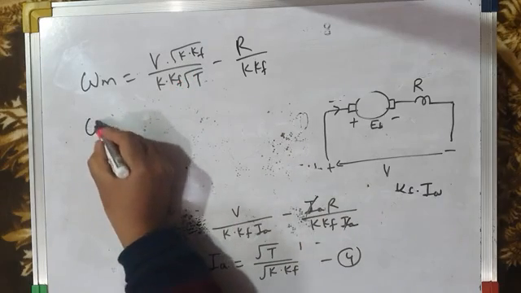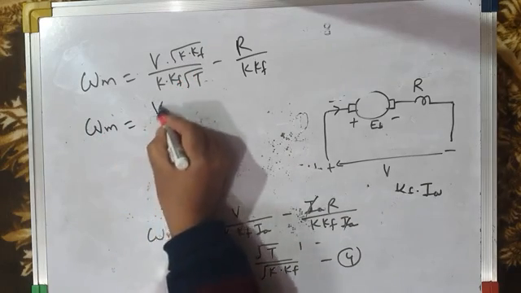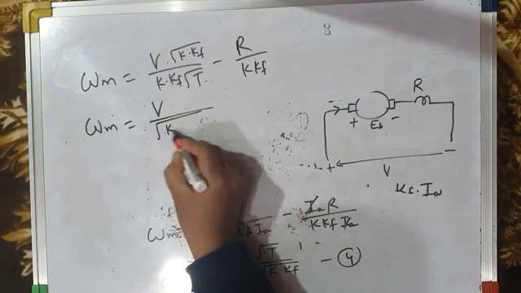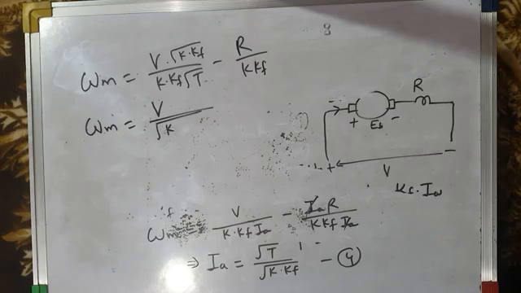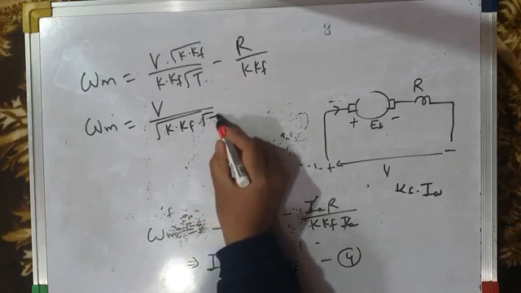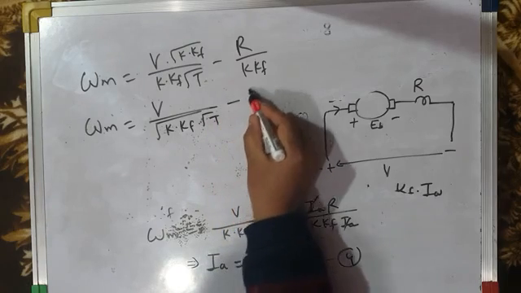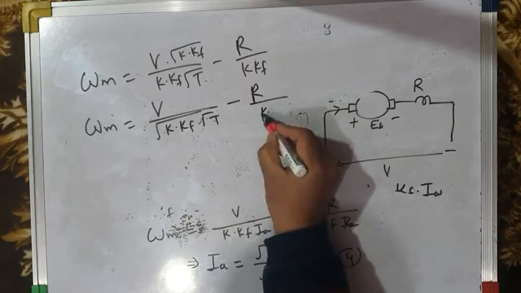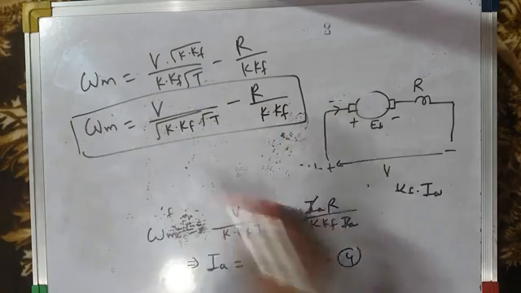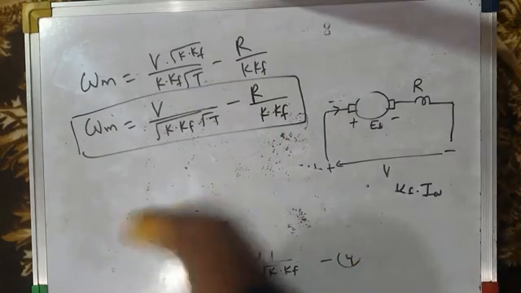What you will get is speed equal to V by under root of K into Kf into under root of T, minus R divided by K into Kf. So this is the final equation for the speed of a DC series motor.